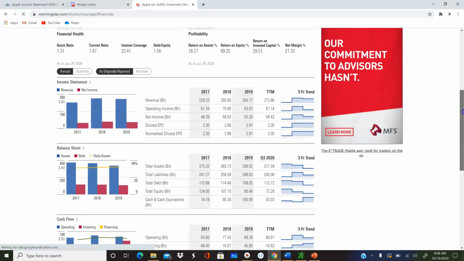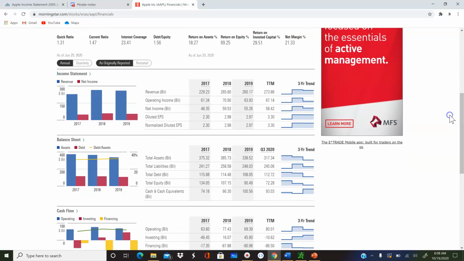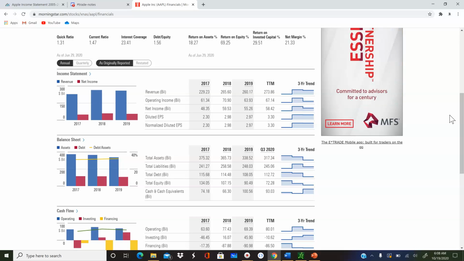Basically, the company uses its entire arsenal to generate sales. How efficient is management at doing so? That's what the total asset turnover ratio tells you.